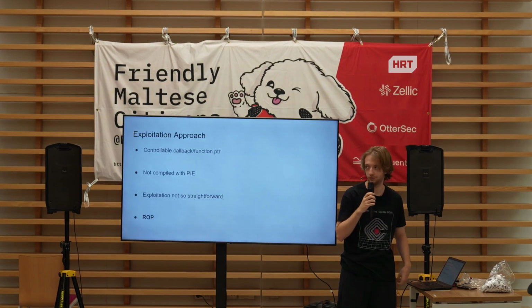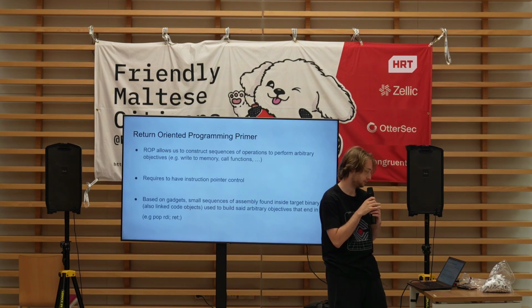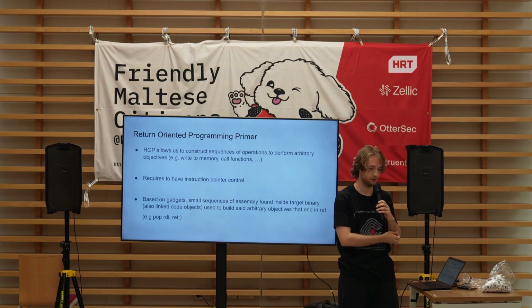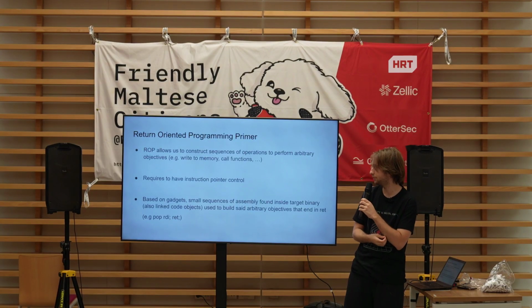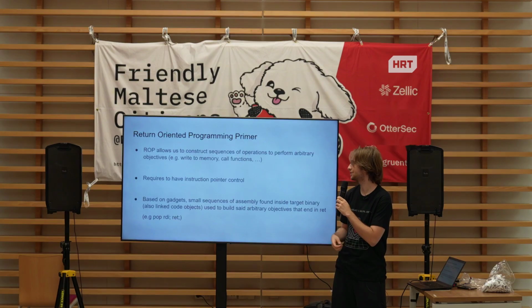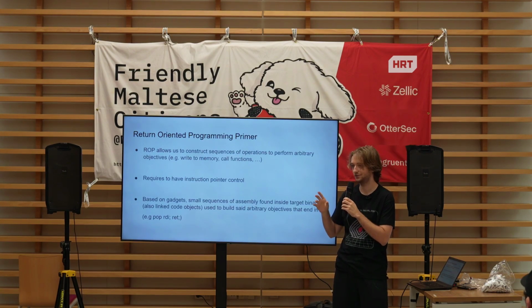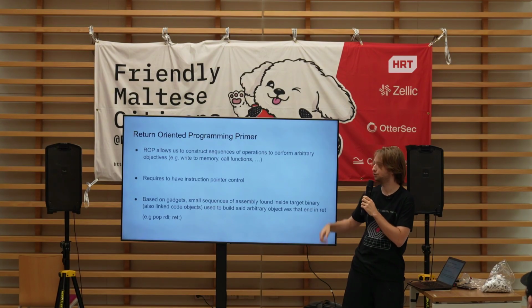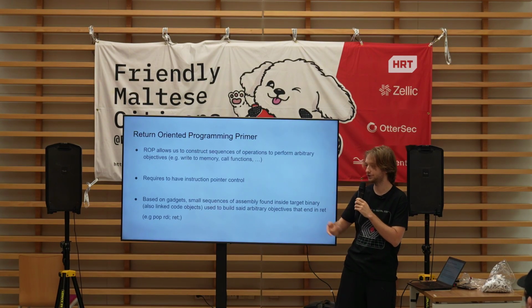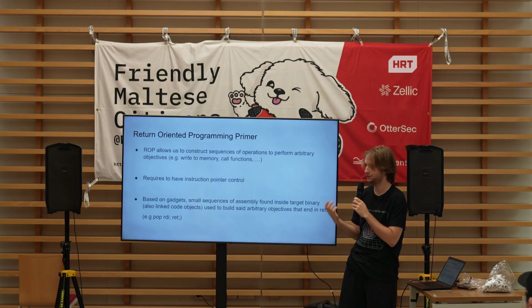And so usually for that, what do we use? We use ROP. So I'm going to do a return-oriented programming primer in case people are not that familiar with it. Return-oriented programming allows us to construct sequences of operations to perform arbitrary objectives, right? For example, if we want to write somewhere to memory, or if we want to call functions, ROP is an exploitation method that lets us do that.